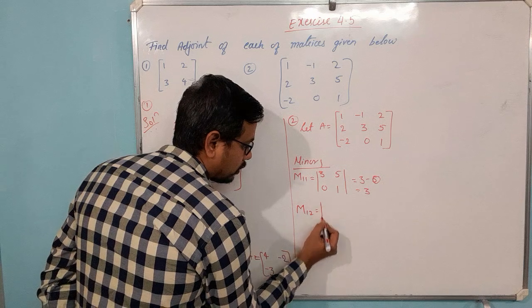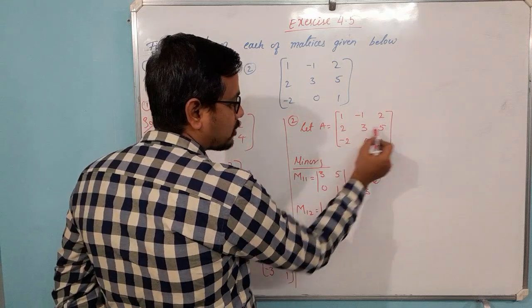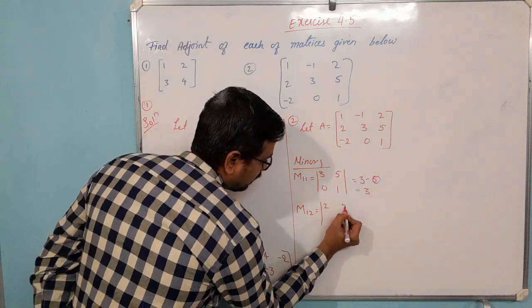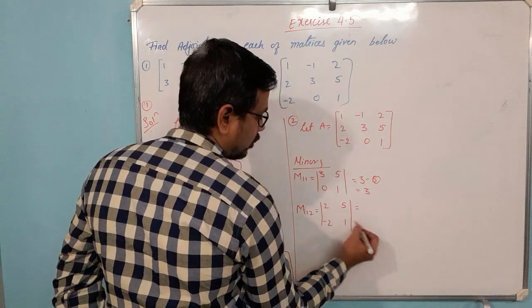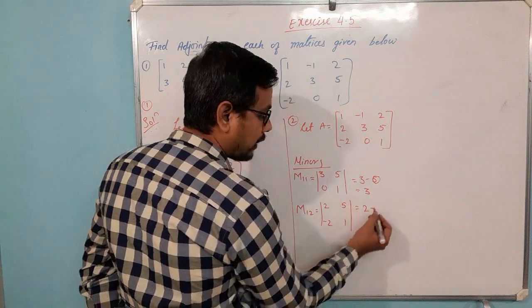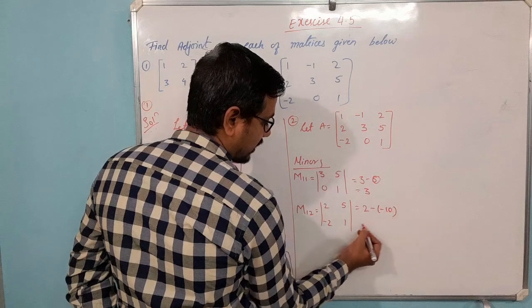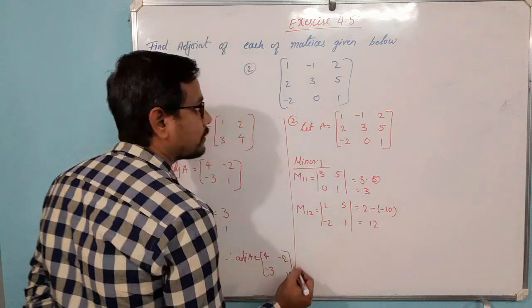M12, minor of this one, leaving the first row and second column. What remains? 2, 5, minus 2, 1. So this is 2 into 1 is 2, minus of minus 2 into 5 is minus 10, so 2 plus 10, that is 12. Okay.